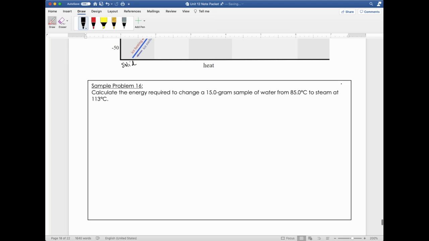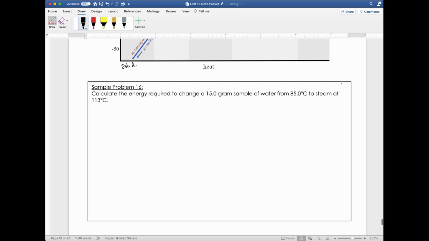Calculate the energy that's required to change a 15-gram sample of water from 85 degrees to steam at 113 degrees. So we are going through a phase change in this case. To do this type of problem, we need 3 steps.